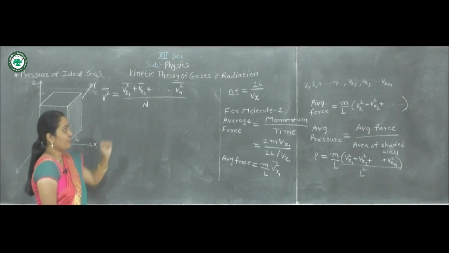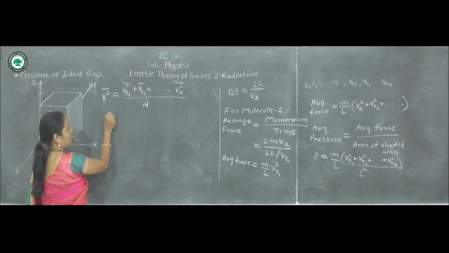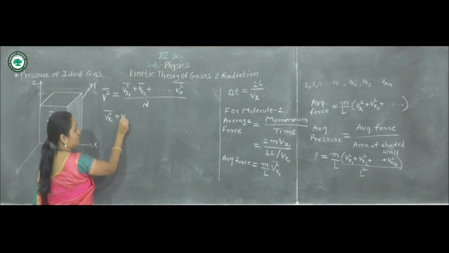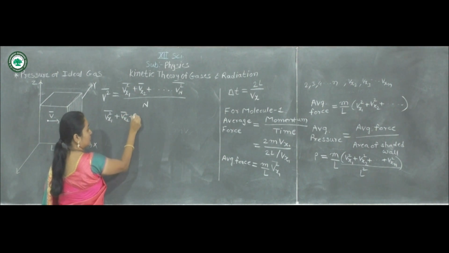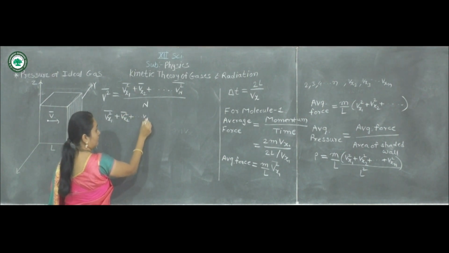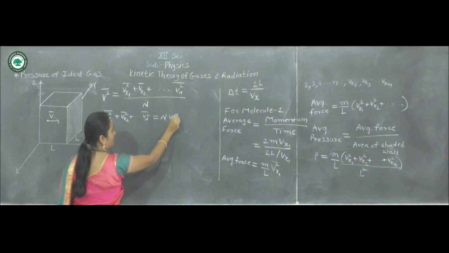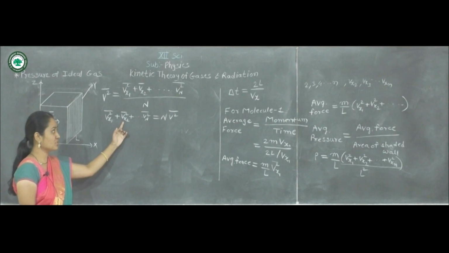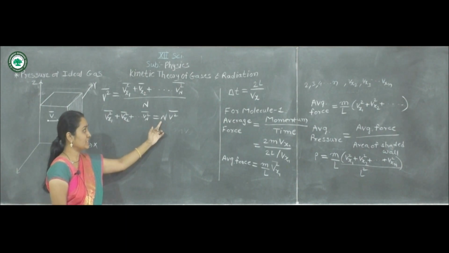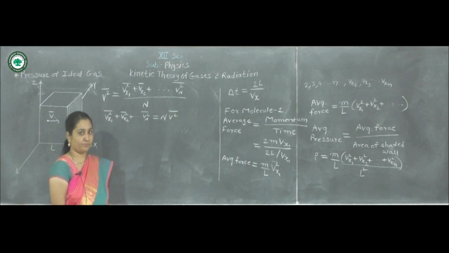So from this equation we can write Vx1 square plus Vx2 square up to Vn square is equal to n into V square bar.